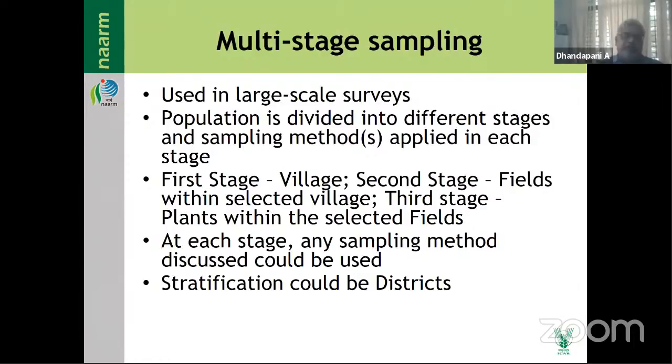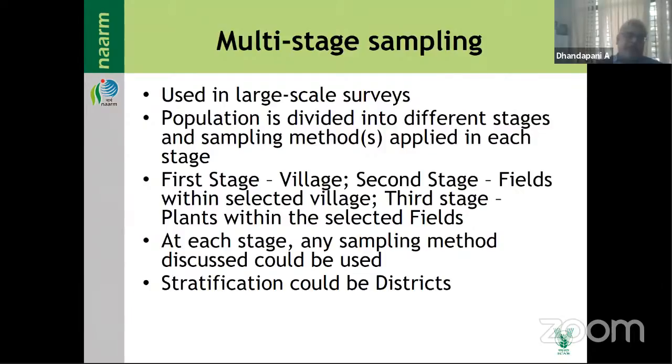You have to go to the village anyhow to collect the data, so go and collect the list of fields, which will be available with the village administration. That way, the complete frame list of all units is not required. A list of the frame is required at each stage.